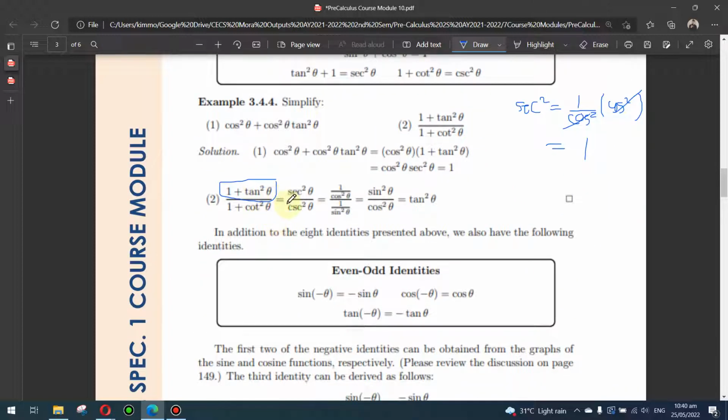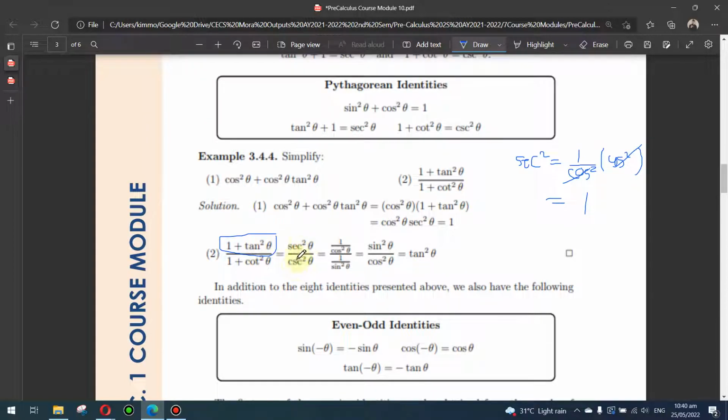Okay, so we have secant over cosecant from this identity. Next is the secant squared theta. Next, using the reciprocal identity, secant squared is equal to 1 over cosine squared, that is why it is squared.